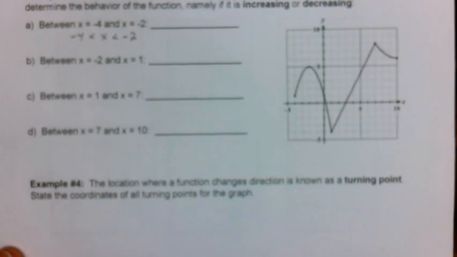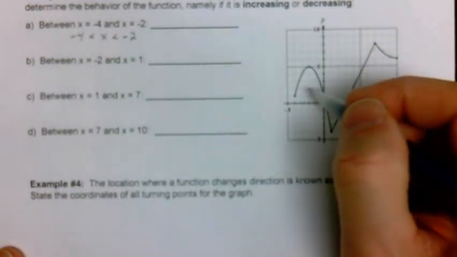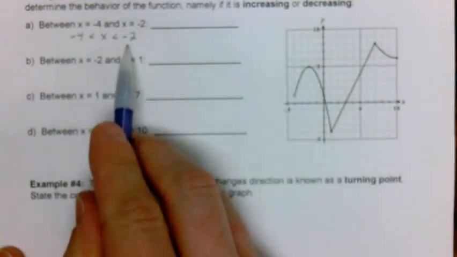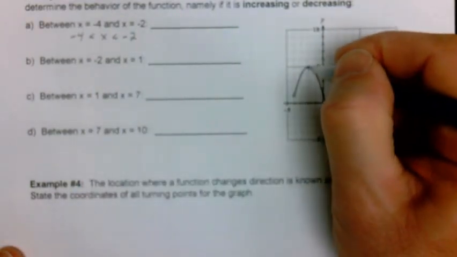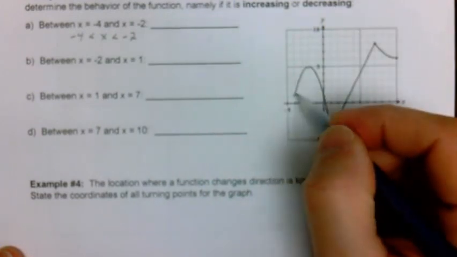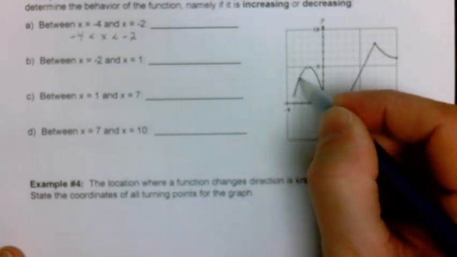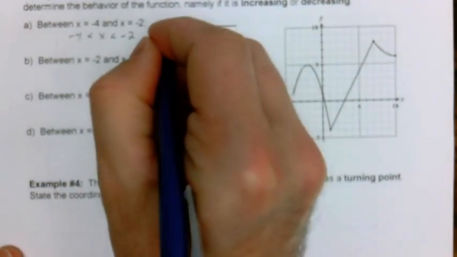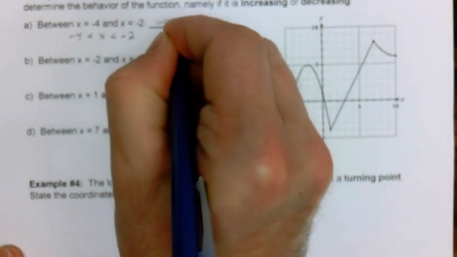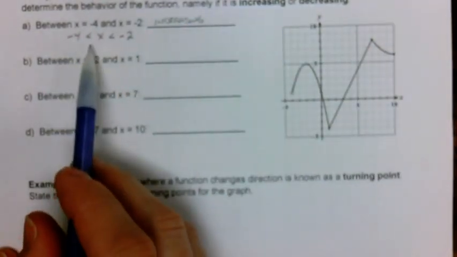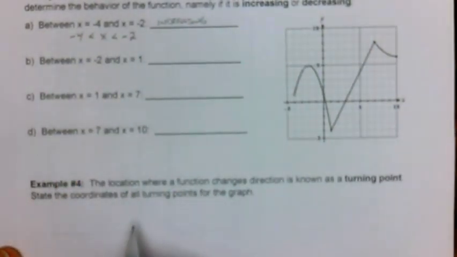So if we go on our graph and we find where x equals negative 4, well, that's this point right here. And then if we find when x equals negative 2, well, that's this point right here. And if we move from left to right, going from this point to this point, notice that the function is moving up, so we can say that the function is increasing. This is an increasing function between x is negative 4 and x is negative 2.